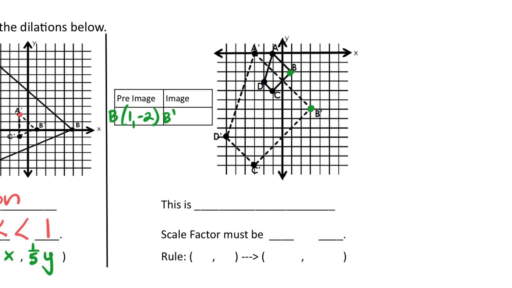So 3, -6. I can see because B prime is bigger, this is an enlargement. So our scale factor has to be greater than 1.